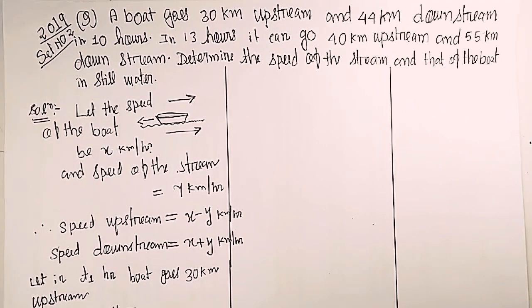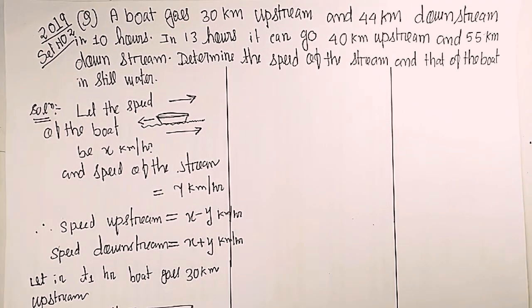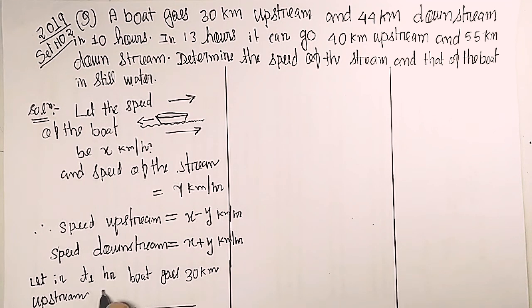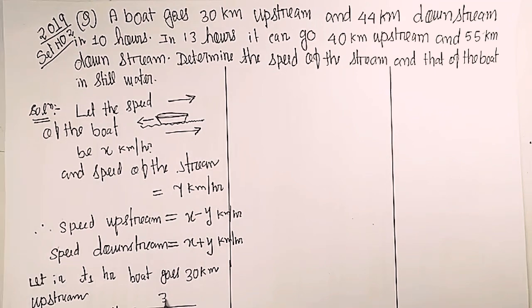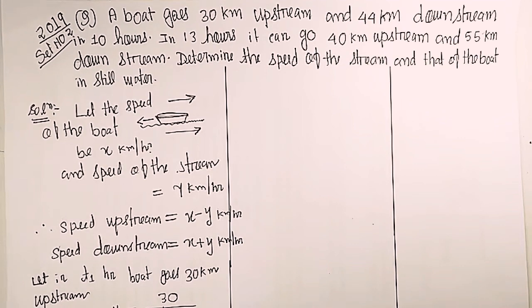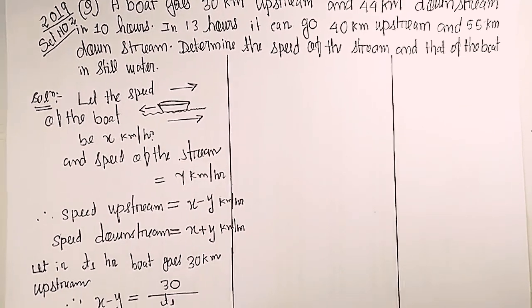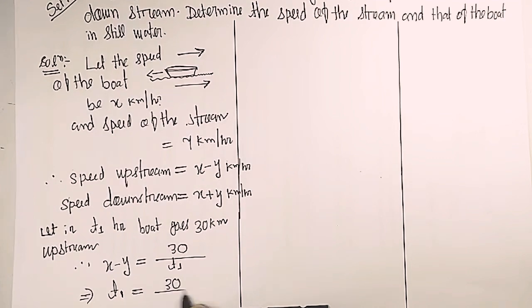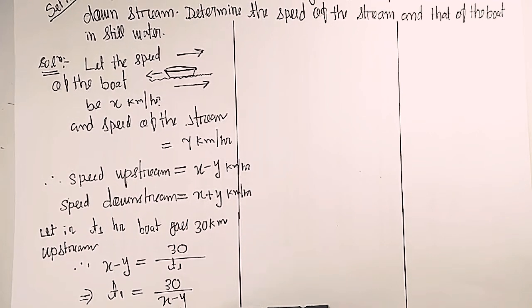Since it is a speed, what is the formula of speed? Distance divided by time taken. What is the distance? 30 kilometer. And what is the time taken? T1. So from here T1 equals 30 divided by x minus y.